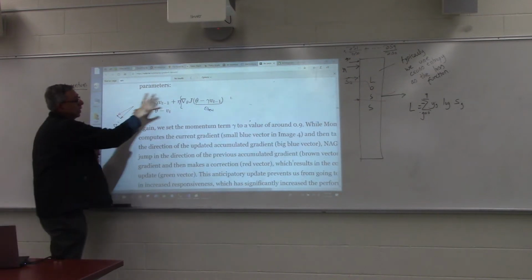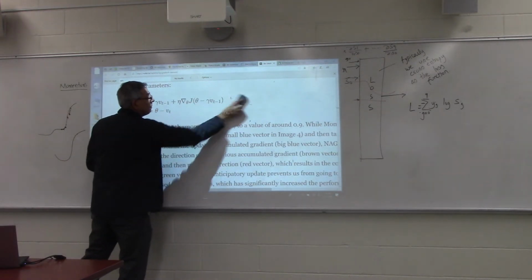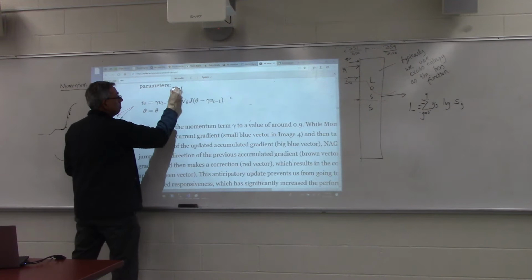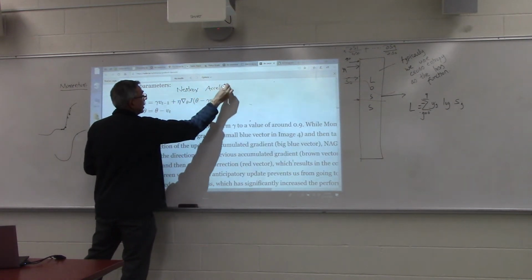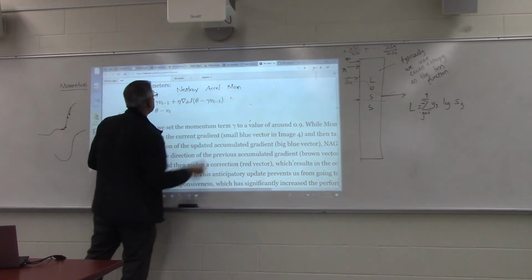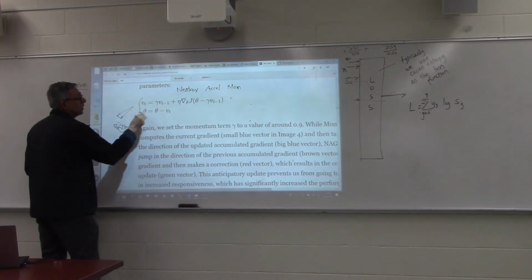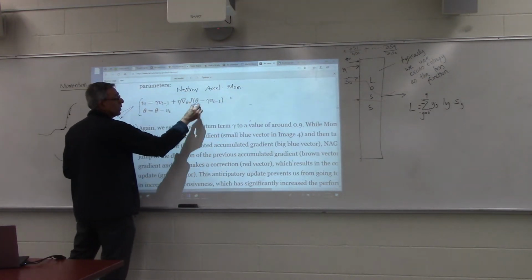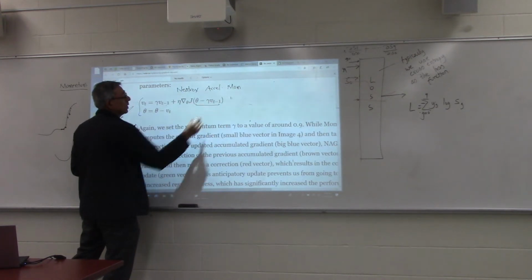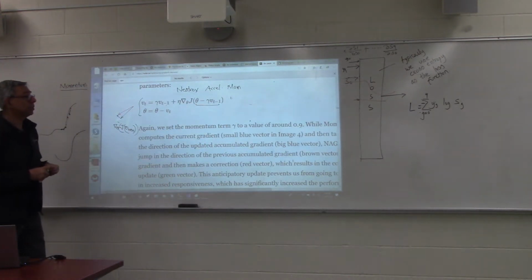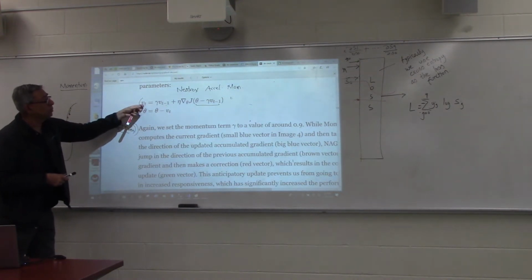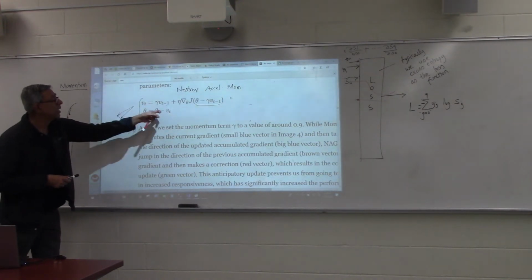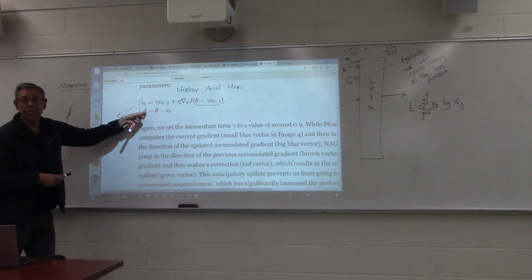So that essentially is the Nesterov momentum, the accelerated momentum. Same thing as momentum, but the difference is the J, the loss function, is being computed at a future value, and based on whatever that momentum is given to us, we will adjust the theta.